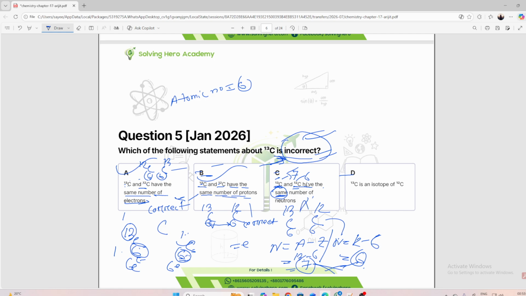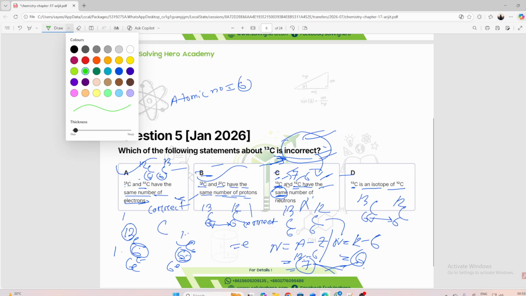Yes, so this is the incorrect one. The other option said that carbon-13 is an isotope of carbon-12. Yes, carbon-13 and carbon-12 are isotopes because each has 6 protons, and if the proton numbers are the same, they are isotopes. So the incorrect one is this one. Am I clear?